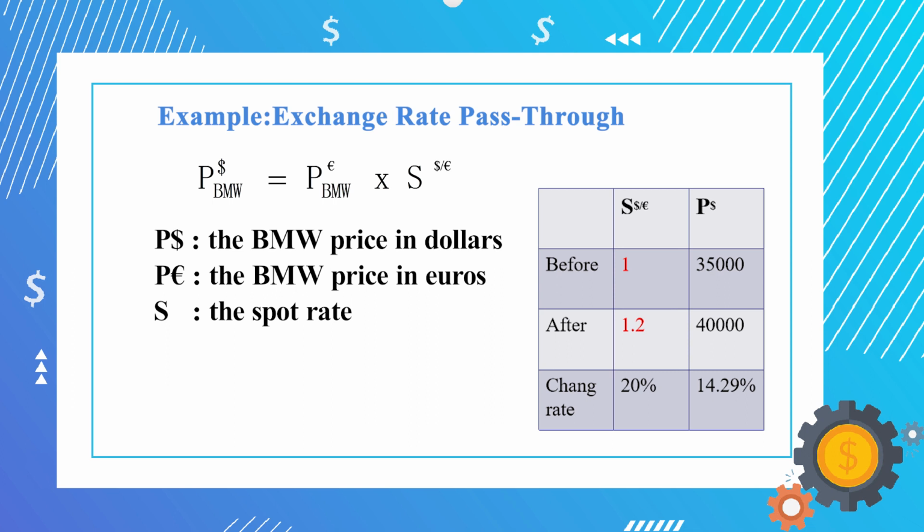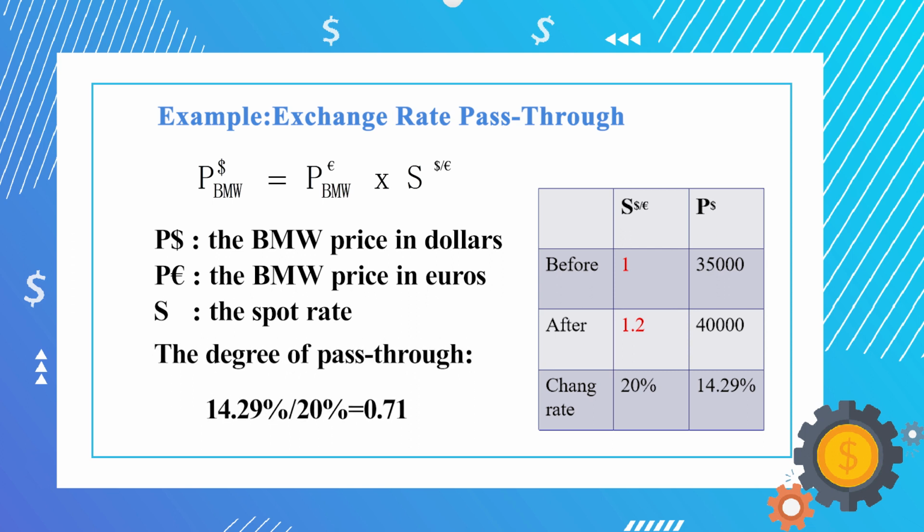The degree of pass-through is measured by the proportion of the exchange rate change reflected in dollar prices. In the example, only 0.71 of the exchange rate change was passed through to the dollar price. BMW's dollar price changed only 14.29%, while the euro appreciated 20%.